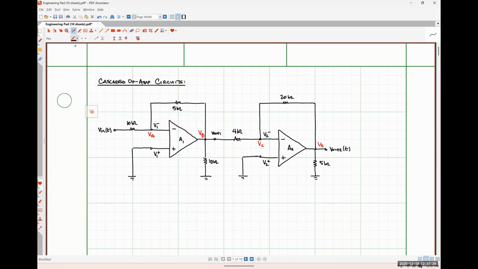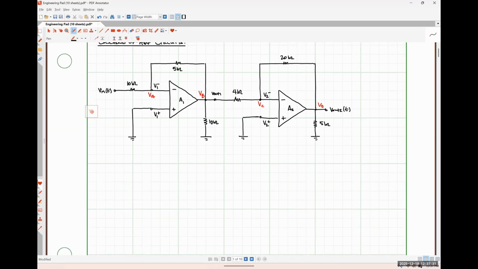So when we apply KCL at node A, we should be able to get the relationship. I'm saying the currents that are leaving node A are going to add together and make 0.